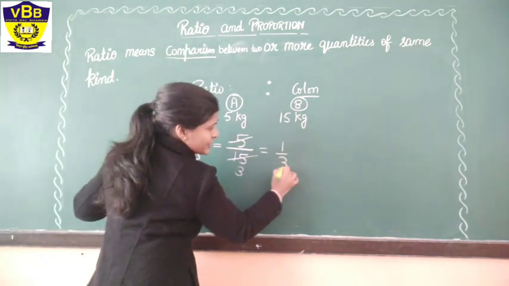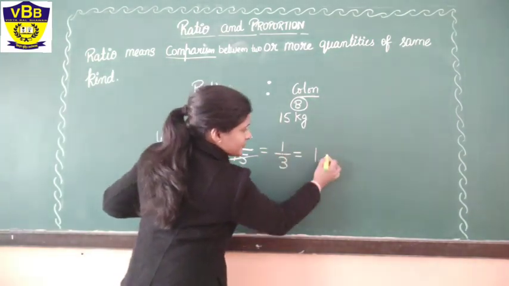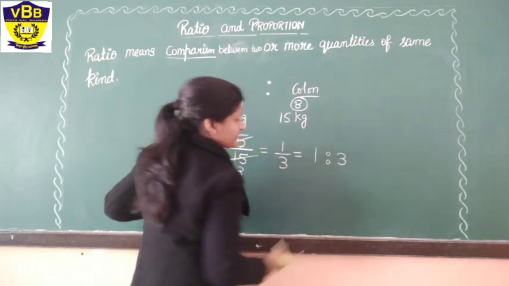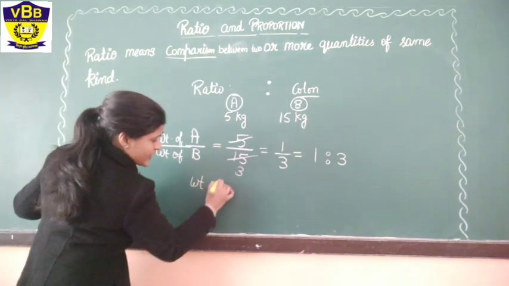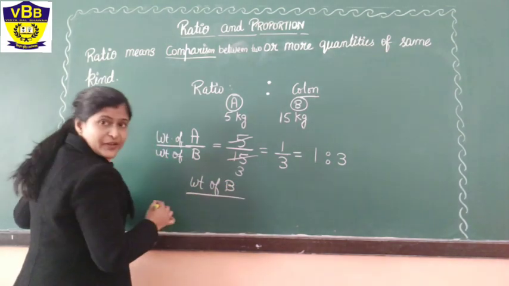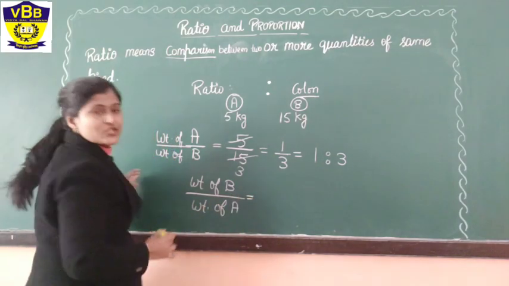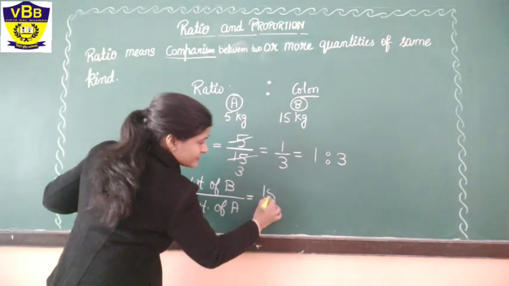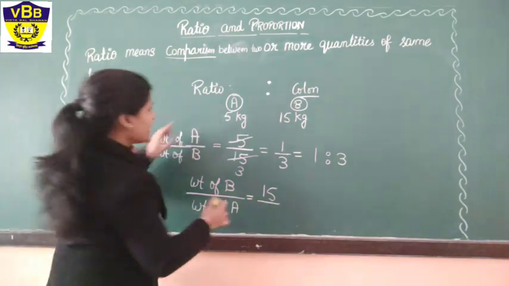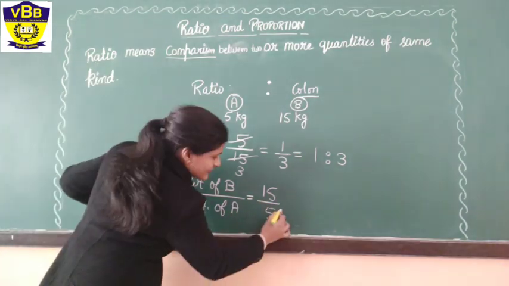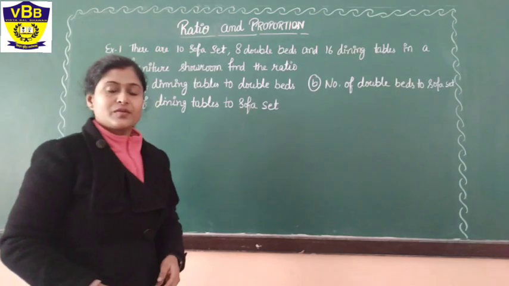This is 1 upon 3, or you can represent it as 1 ratio 3. Or if they are asking the weight of B with respect to A, how much weight? The weight of B is 15. Write it here 15 upon the weight of A, that is 5 kg. 5 threes are 15. The ratio will be 3:1.